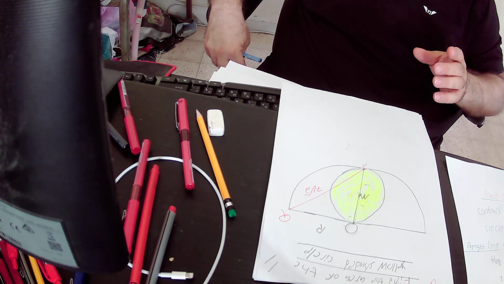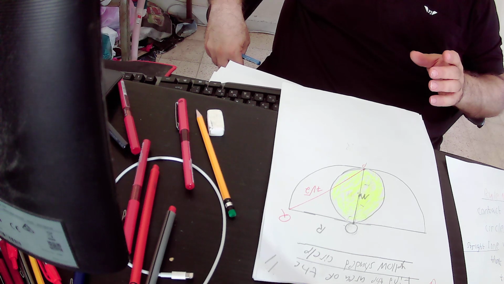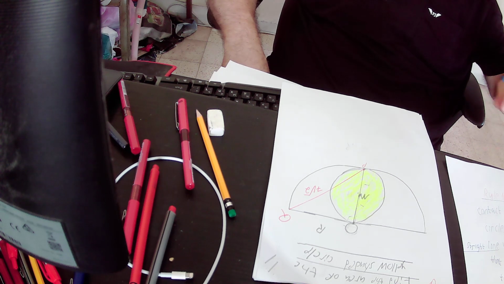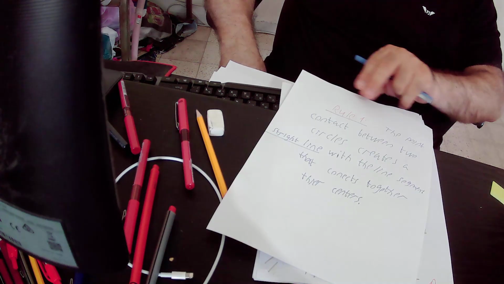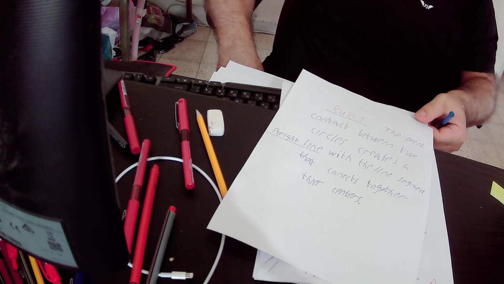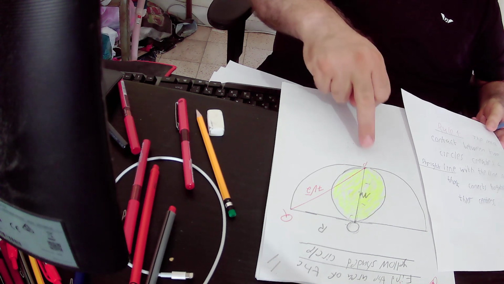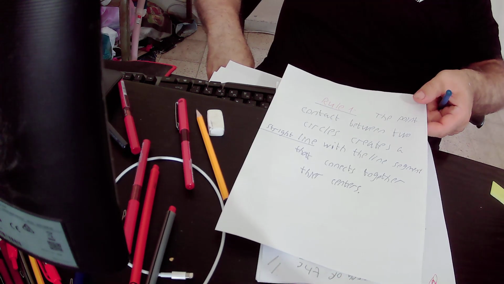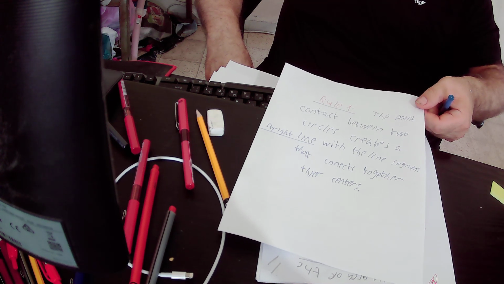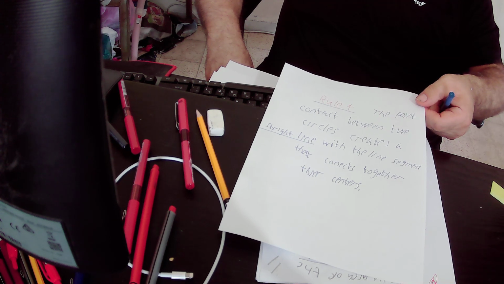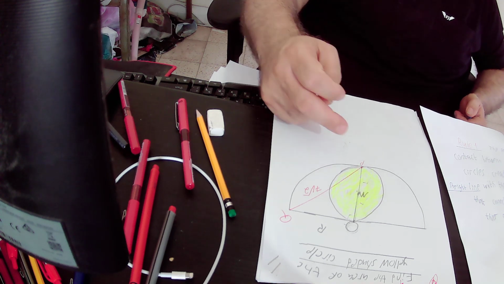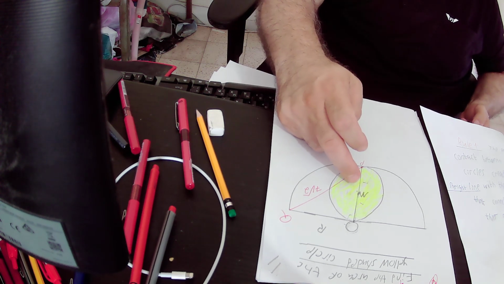Okay? So, the point of contact between two circles, that is to say point P, creates a straight line with the line segment that connects their centers. The line segment that connects the two centers is MO.